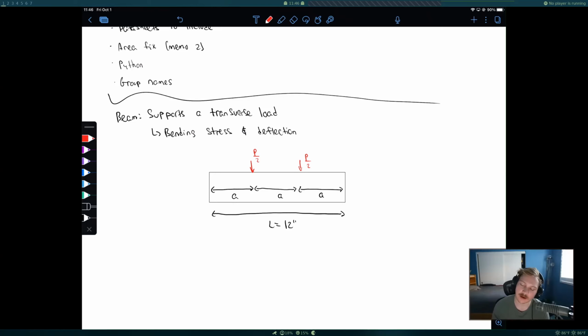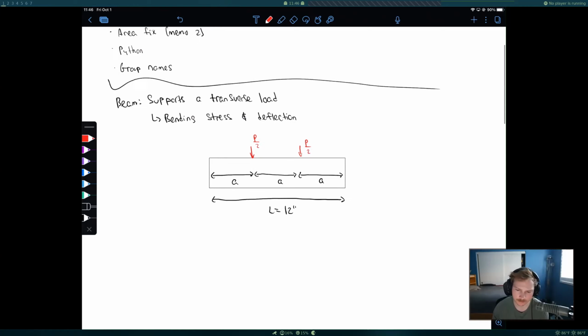I forget what that maximum load is offhand, but it's going to increase to a certain point and then it'll stop. So we stay within the elastic range, because we have a strain gauge on there, and we don't want to break that. It's a pretty substantial little beam for testing purposes.